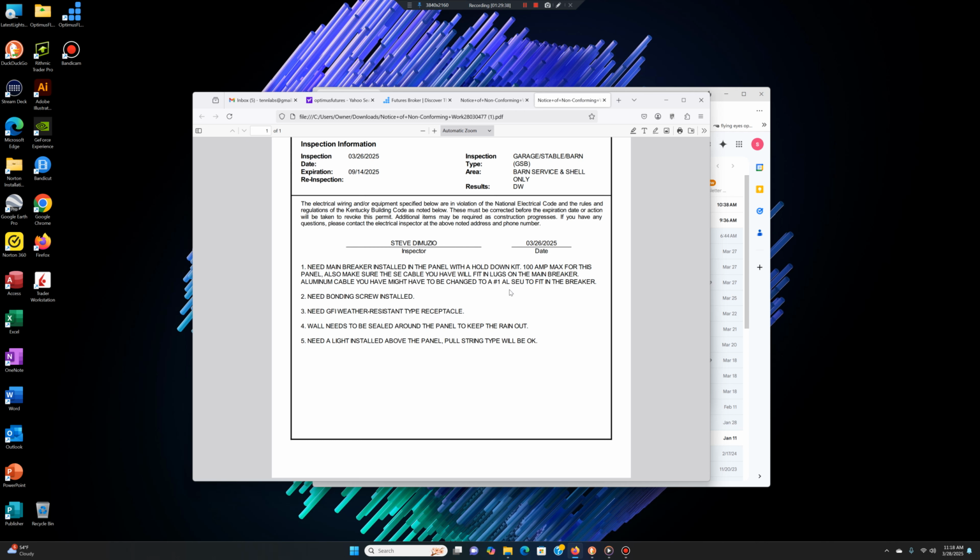Look at all these numbers. I have the breaker, but unfortunately I don't have the retaining bracket.